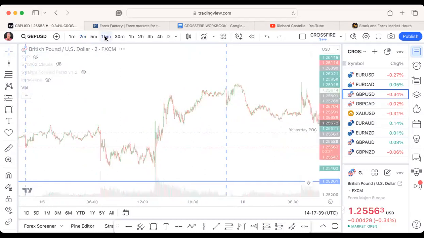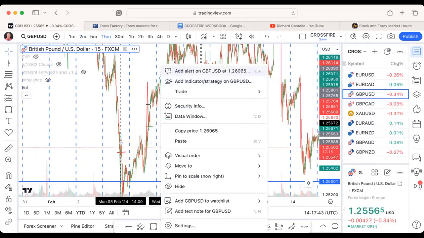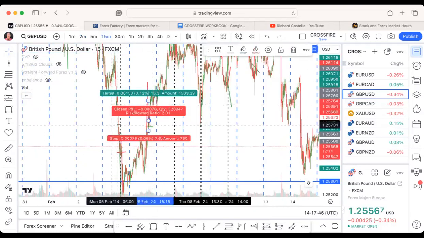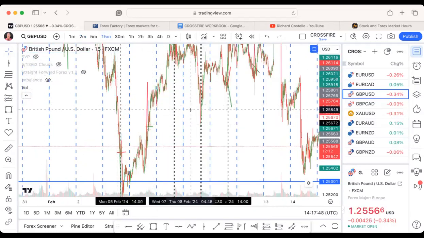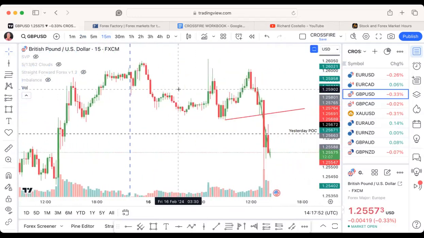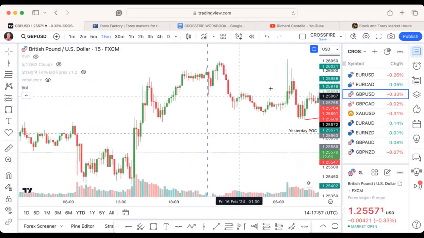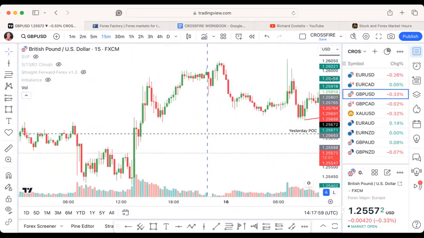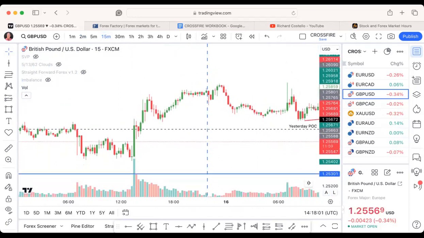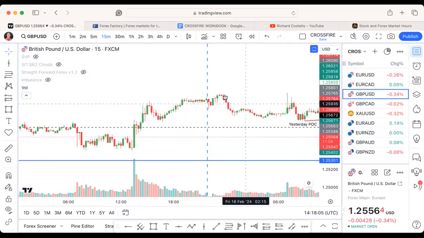I can show it better on a higher time frame. That's not what I wanted. Right click, reset chart. Okay, so that's today. So I'm wanting to look at what happens after 5 p.m. UK time. Same thing applies if whatever you're researching, just go to the time on.